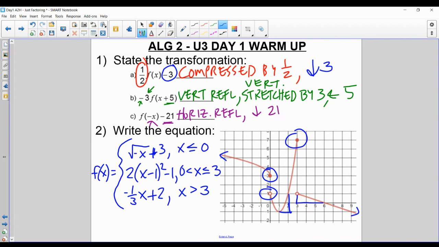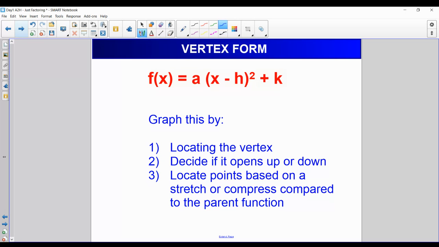Okay, so now to get into the lesson. So far, we have been dealing with quadratics just in vertex form. If you think of what we've done, we've located the vertex from HK, decided if it opens up and down based on positive or negative at the A, and located points based on whether it is stretched or compressed.